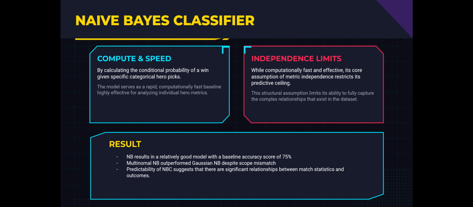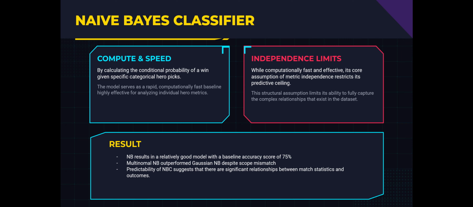However, despite this structural issue, it did a pretty good job at predicting wins, with an accuracy score of the best model being 75%. Multinomial naive Bayes outperformed Gaussian naive Bayes despite the scoping mismatch. Multinomial is more for predicting rates and the number of times that something has occurred, but it still outperformed Gaussian naive Bayes.